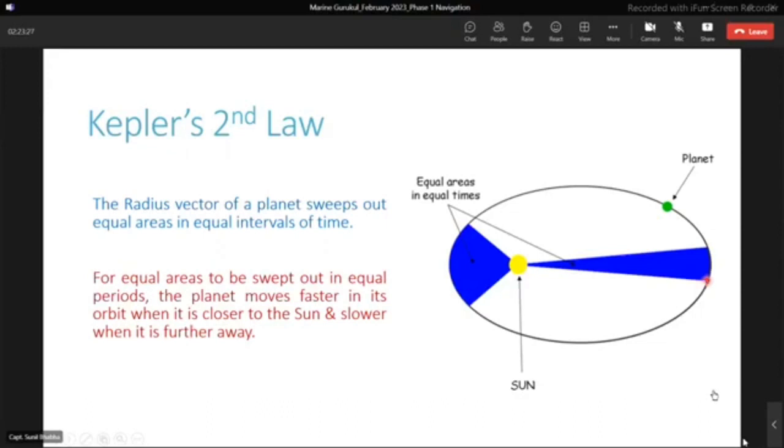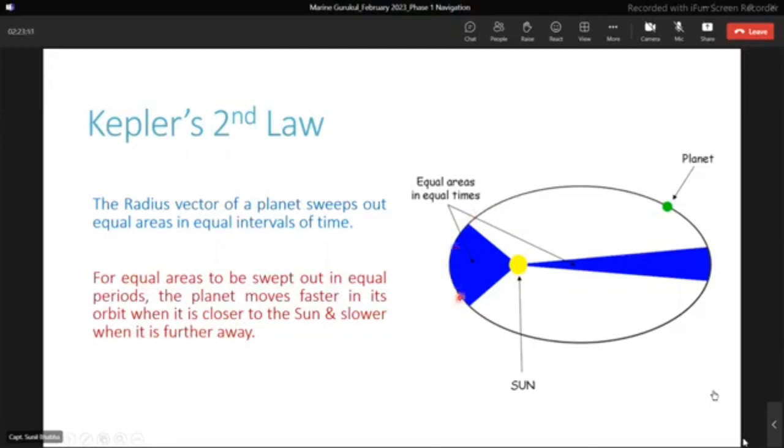So the motion of the planet, or the speed with which it covers its orbit, is not constant or fixed. The planet keeps on changing its speed. It becomes slow when it is far away from the sun, and it picks up speed and becomes faster when it is closer to the sun.